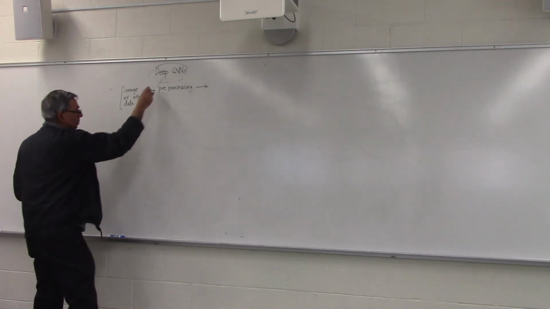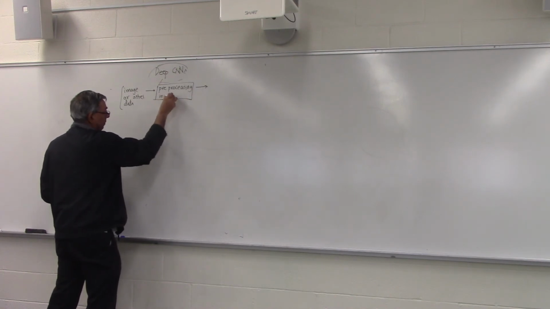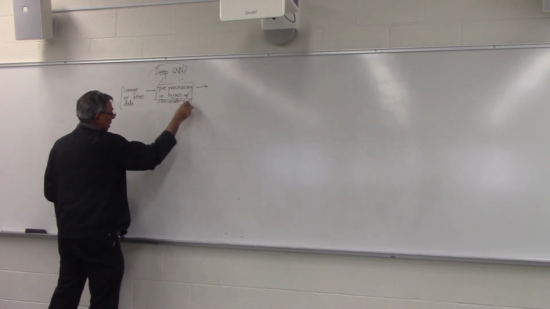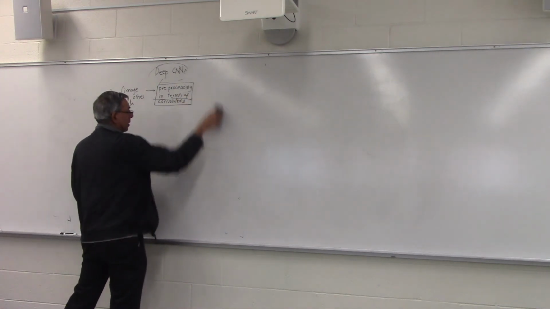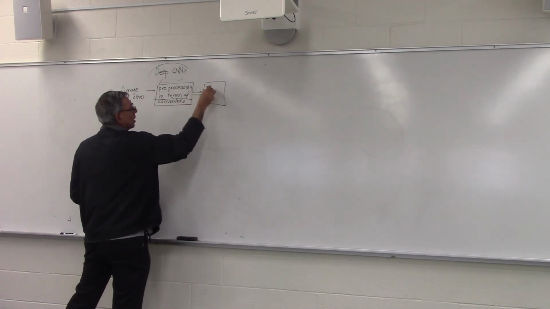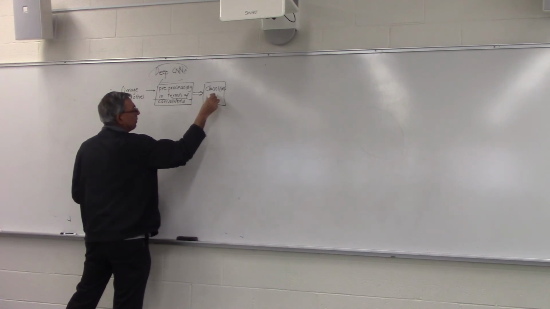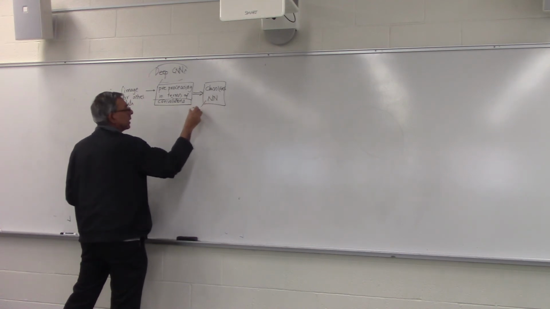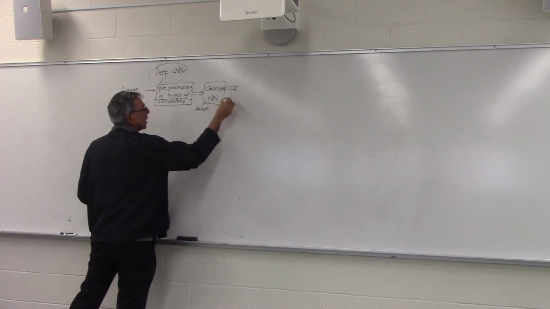We'll do some pre-processing in terms of convolutions, and then we'll feed it to a classifier, which in our case will be a dense network. And then we will do the classification.